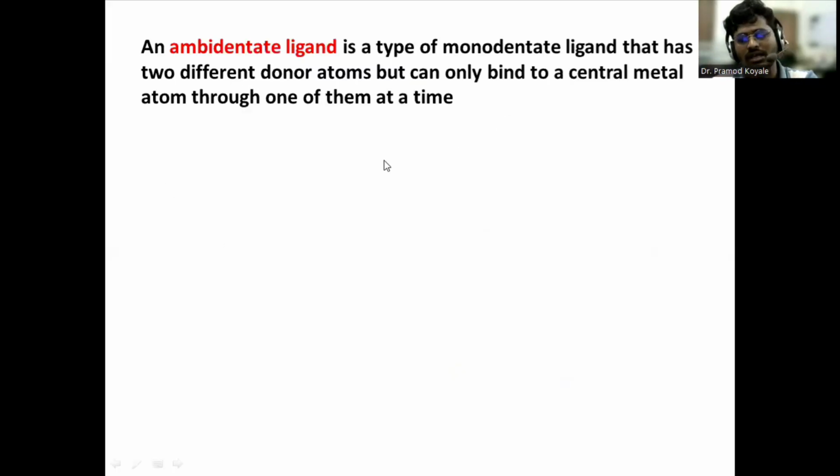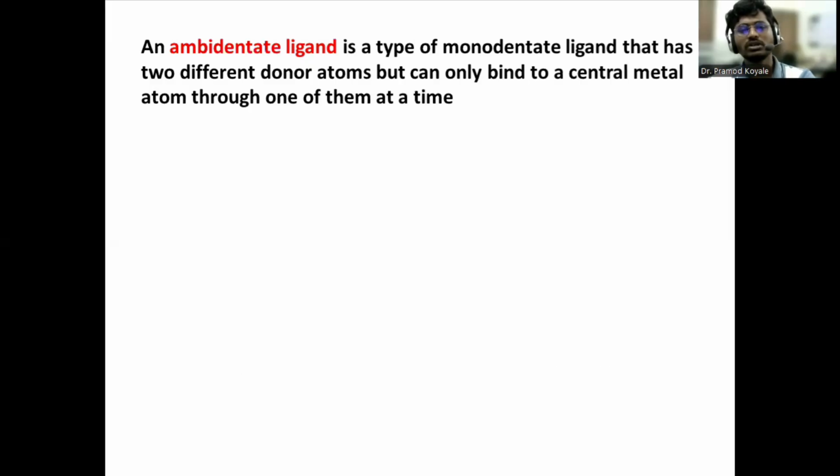And whatever I discussed regarding thiocyanate in the monodentate ligand, it is a type of ambidentate ligand. An ambidentate ligand is a type of monodentate ligand that has two different donor atoms, that is donating sites, but at a time it can only form one bond with the central metal center.